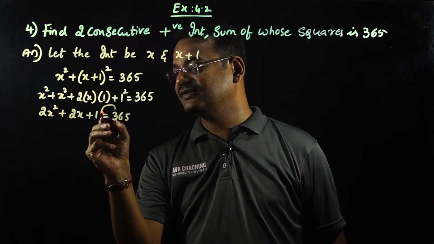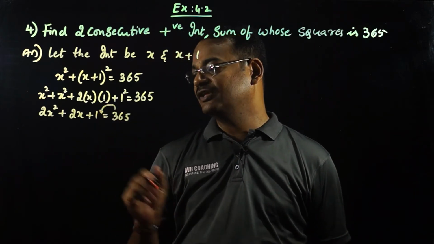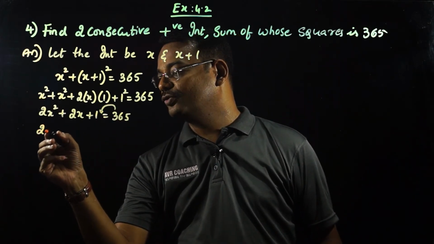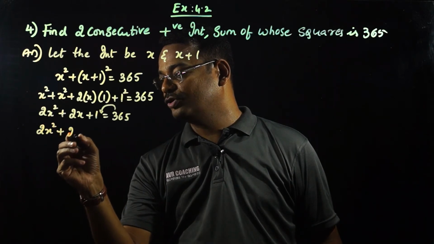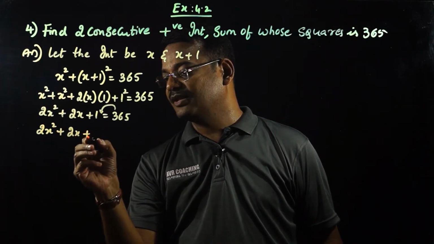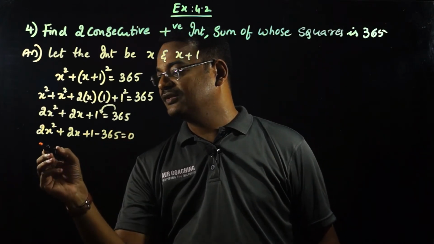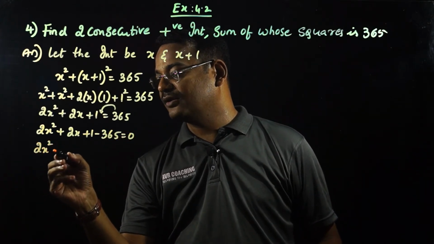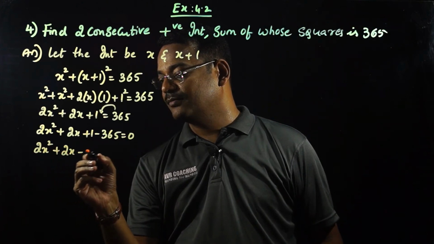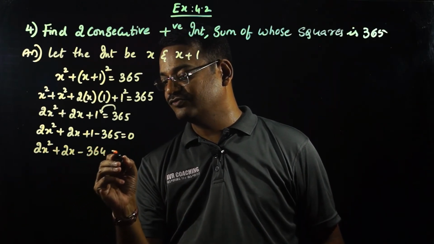We'll bring this 365 to the left hand side of the equation. So we get 2x square plus 2x plus 1 minus 365 equal to 0. This will be 2x square plus 2x minus 364 equal to 0.